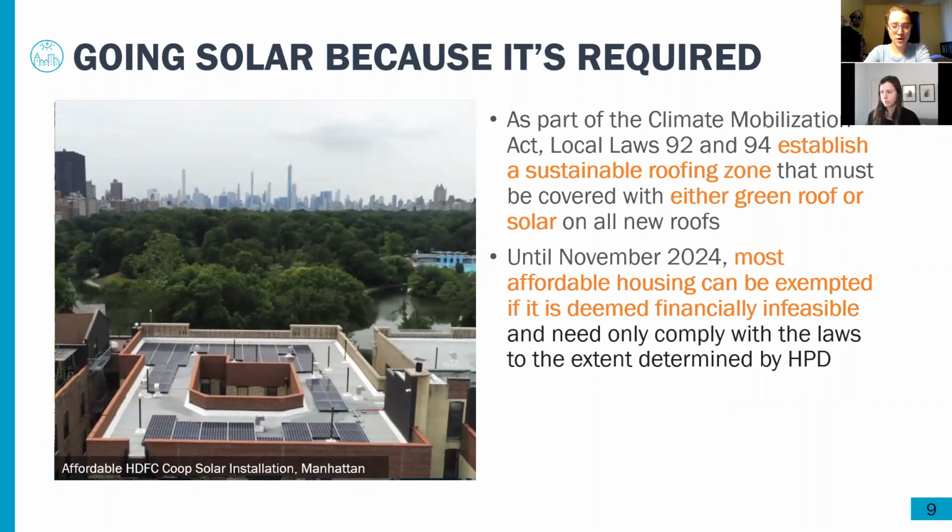And until 2024, affordable housing can be exempted if it's not financially feasible. So we'll talk about this more in the next slide, but it is required for all market rate new construction, and it's required for HPD new construction or HPD projects if it is financially feasible.